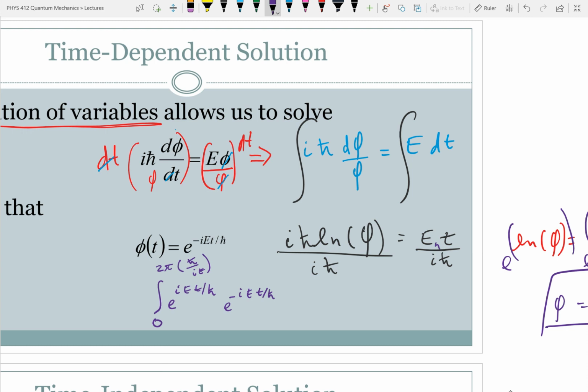Notice I have the complex conjugate times the original. That's the integral of 1. So that's going to give me something.